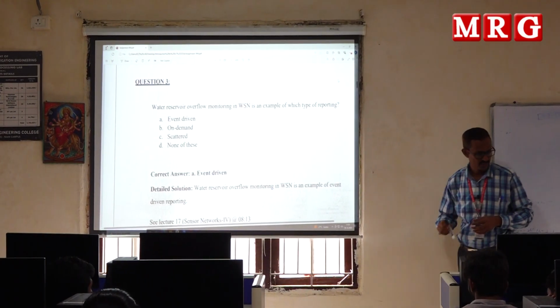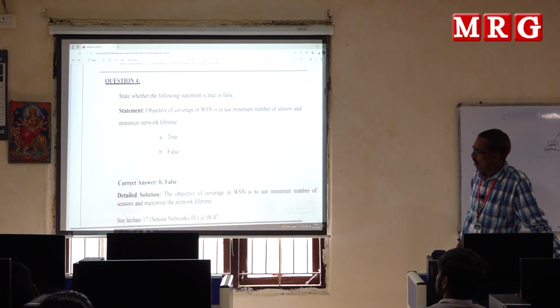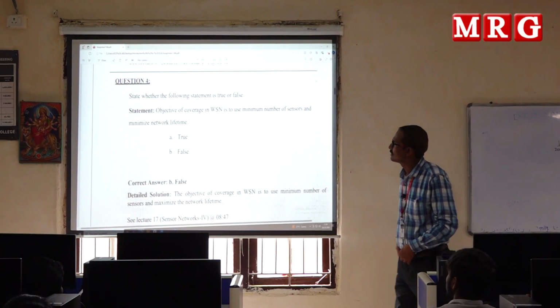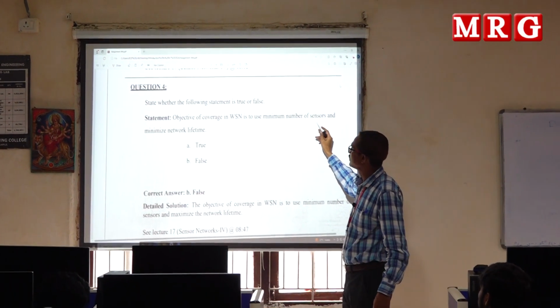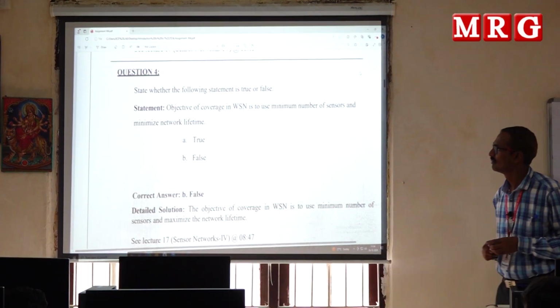Okay. Next, the objective of coverage in wireless sensor network is to use minimum number of sensors and minimize network lifetime. Is it true?